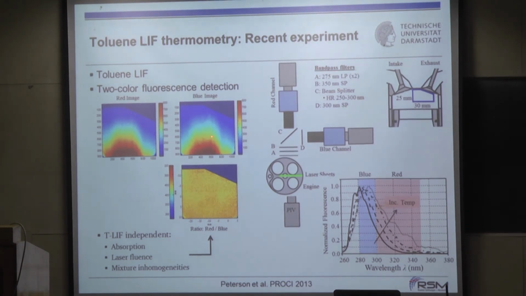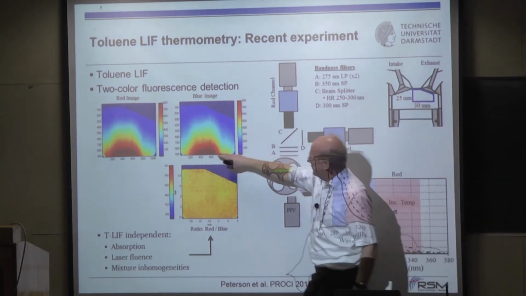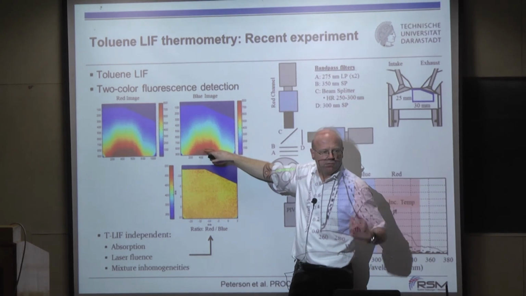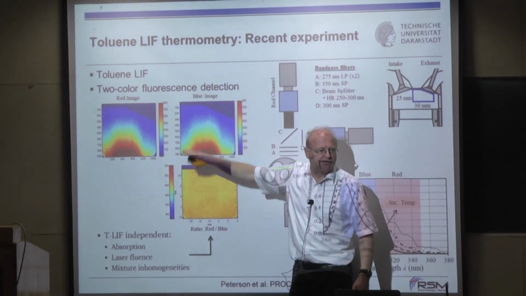Yeah, well, it's not the concentration of toluene, because the concentration of toluene would be here the same as there. It is the local fluorescence signal. And the local fluorescence signal depends as well on the local laser intensity. The laser comes from the bottom. As I said, it comes from here. So you have here at the bottom strong fluence, many photons. They're absorbed. Here you have a small number of photons.